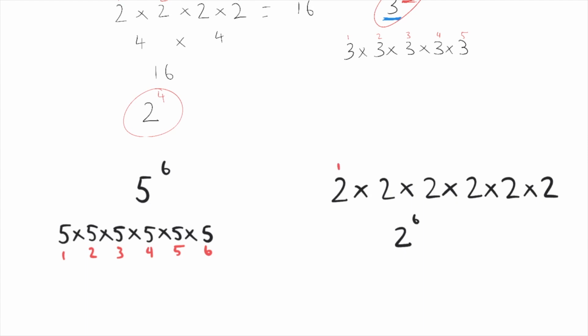We have 1, 2, 3, 4, 5 times we've multiplied 2 by itself. So here we have our example of index notation in repeated multiplication form. And here we have our repeated multiplication in index notation form.